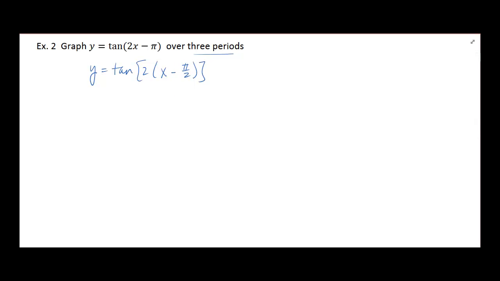So we're going to start by, again, determining what b is, which we've said is 2, and therefore the period of this function would be pi over 2, because that's pi over b. And I want to, again, figure out what my asymptotes are. The asymptotes come from the equation bx is negative pi over 2, and bx is positive pi over 2.